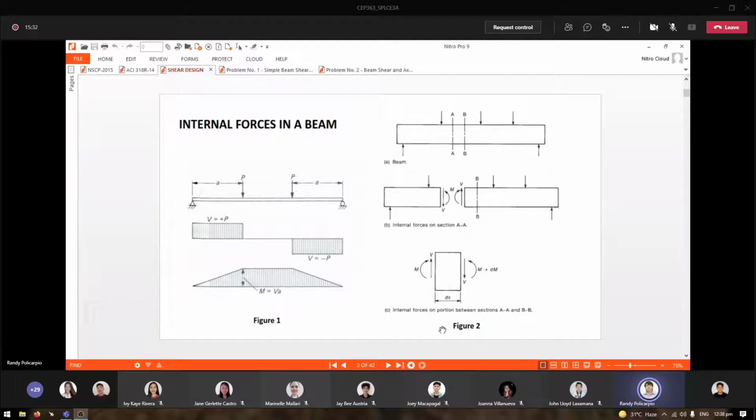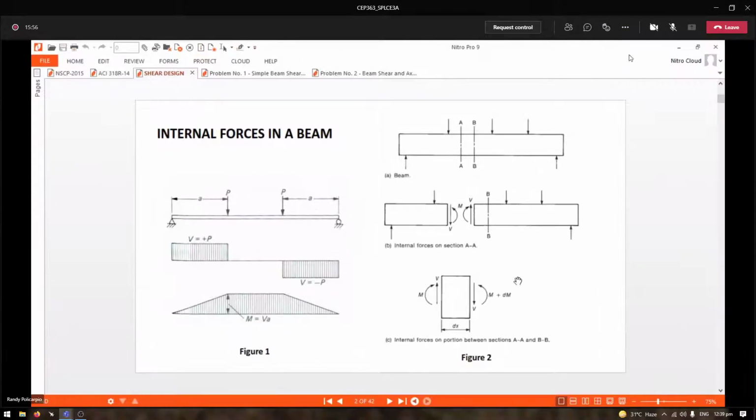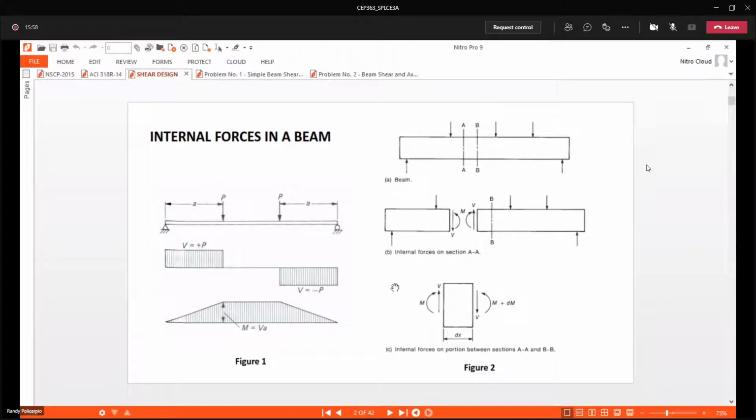That is the effect in terms of moment. If we are considering a differential distance, your shear will not change much, so the shear here has the same magnitude. So that is the difference between M and M plus dM. That is about the internal forces.